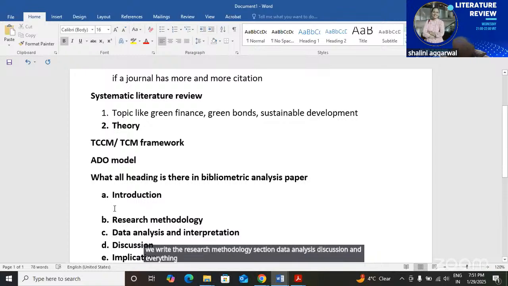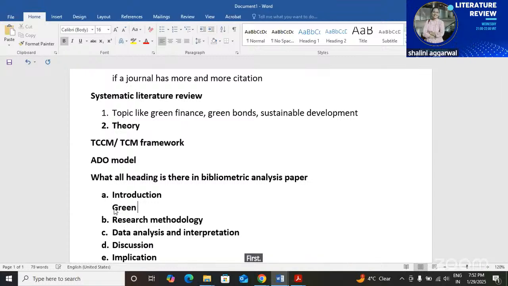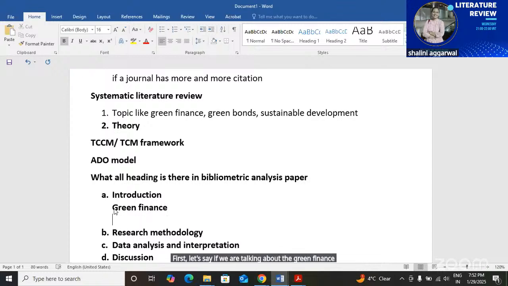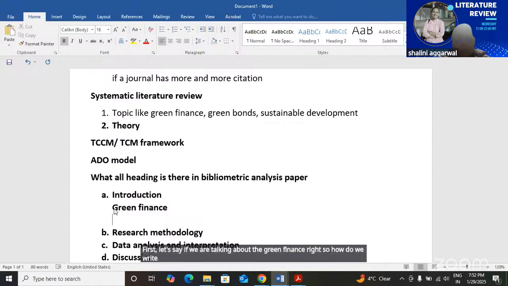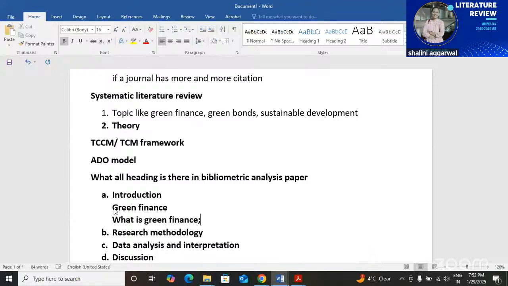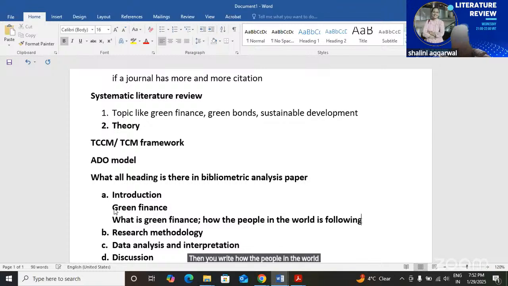So what is included in the introduction part? First, let's say we are talking about green finance, right? How do we write for this? The main thing that you have to write is what is green finance. Then you write how the people in the world are following this, any status.